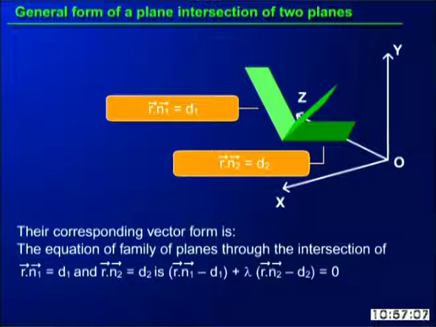The equation of family of planes through the intersection of vector r dot vector n1 is equal to d1 and vector r dot vector n2 is equal to d2 is vector r dot vector n1 minus d1 plus lambda into vector r dot vector n2 minus d2 is equal to 0.